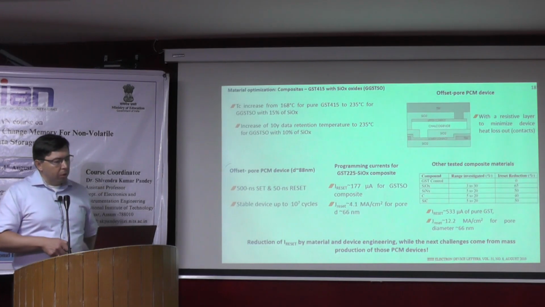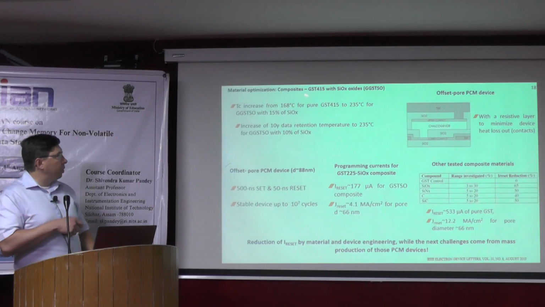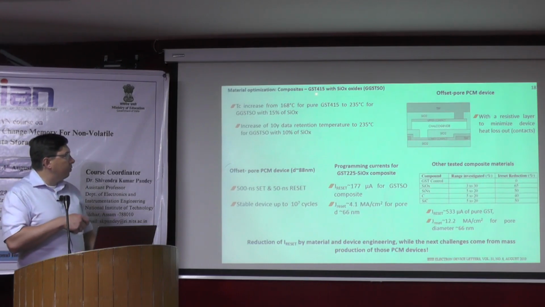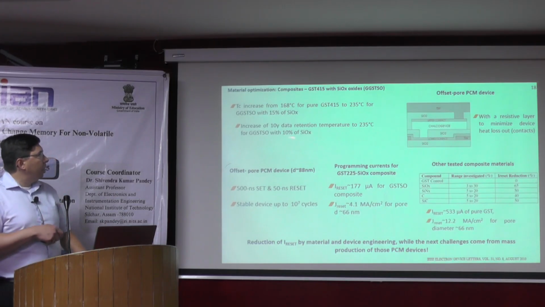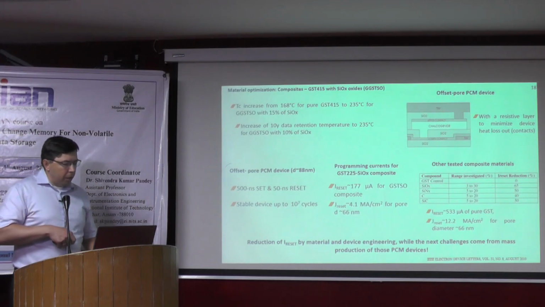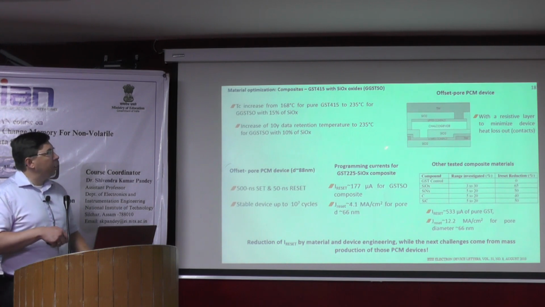Here are also some examples of a composite made of germanium-rich alloy GST451 and silicon oxide. Here again, an increase of crystallization temperature and an increase of data retention, and some tests on the device performance.